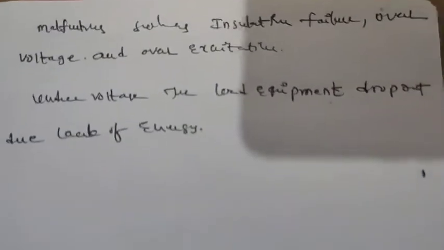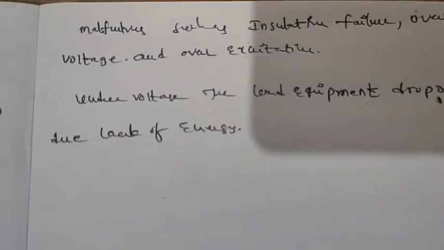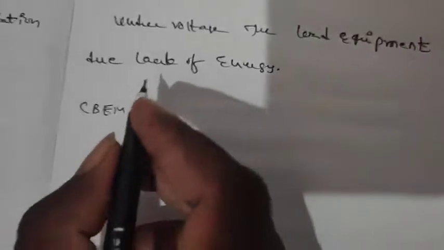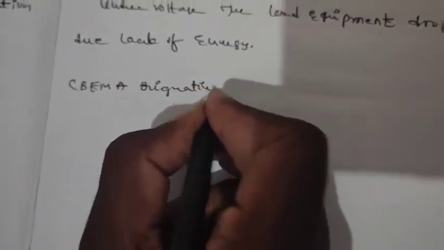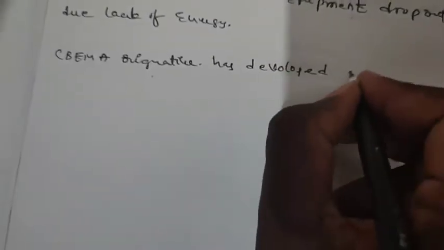From the CBEMA curve, the organization again developed another curve to monitor power quality, that is the ITI curve.